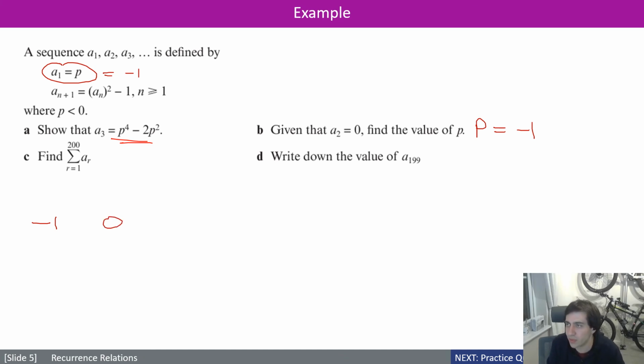Square it, take away 1, that gives me minus 1. Oh, okay, so in that case we're going to get a cycle, right? Because minus 1 squared minus 1 gives you 0. 0 squared minus 1 gives you -1. So we're going to keep repeating: 0, -1, 0, and so on.